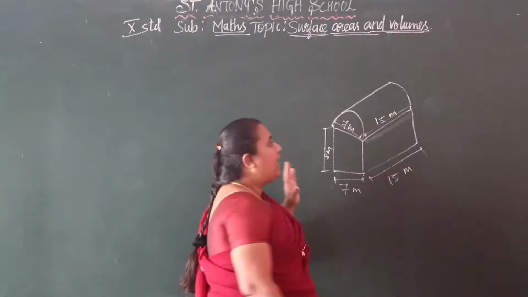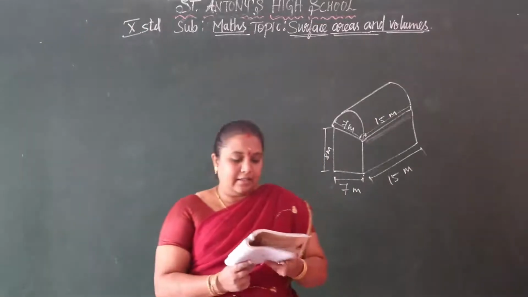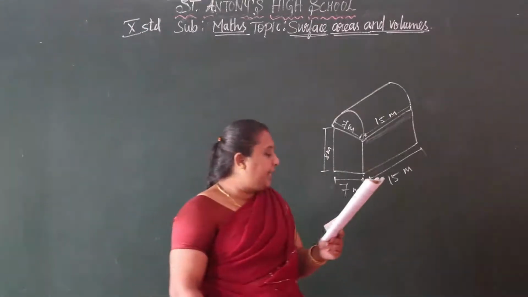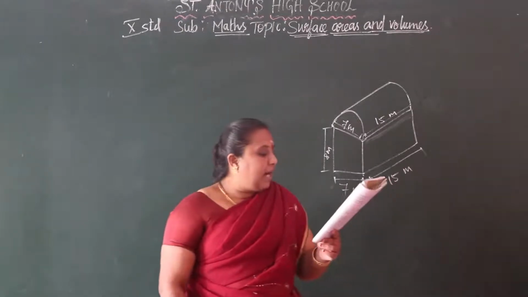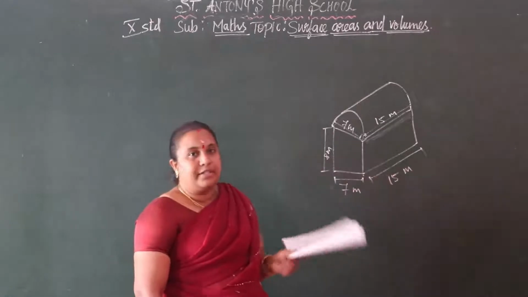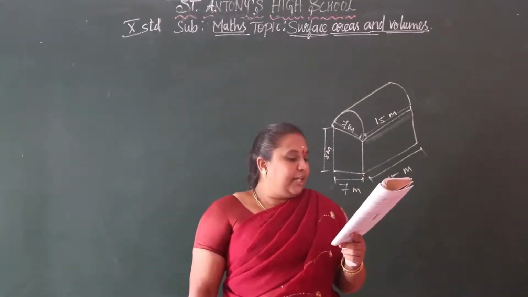So we have to find the volume. The dimension is 7 meter into 15 meter, and the height of the cuboidal portion is 8 meter. Then find the volume of air that the shape can hold.